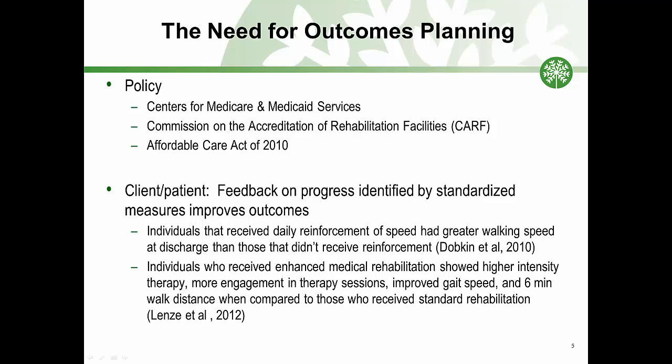The Commission on Accreditation of Rehabilitation Facilities, typically referred to as CARF, requires that therapists address and document participation for any facility applying for stroke specialty programs, stating that intervention should focus on community integration and participation in life roles.